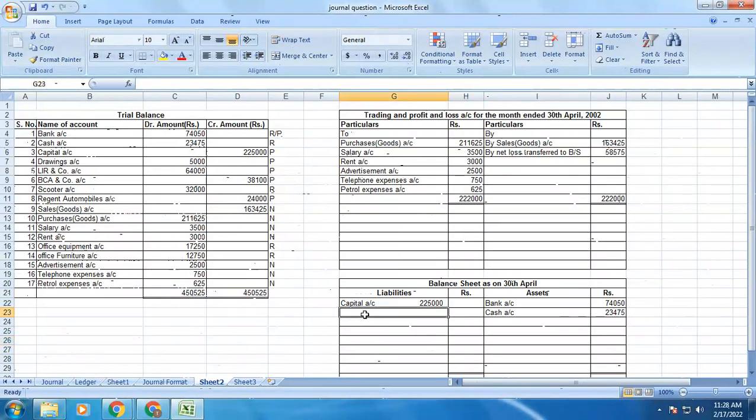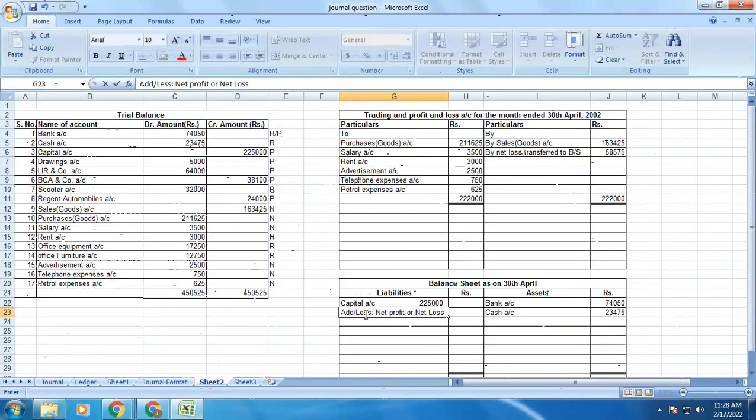Okay, so जो first adjustment हम करते हैं, we say add oblique less net profit or net loss.